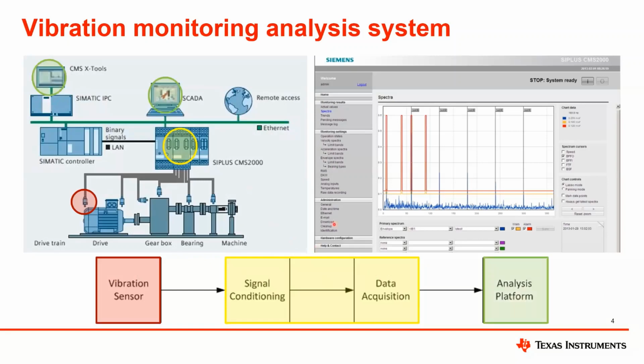Then analysis software is running either on a PC, industrial PC, or cloud to process the vibration data either in time domain or frequency domain and compare it to healthy patterns to detect anomalies and faults in the monitored machine.